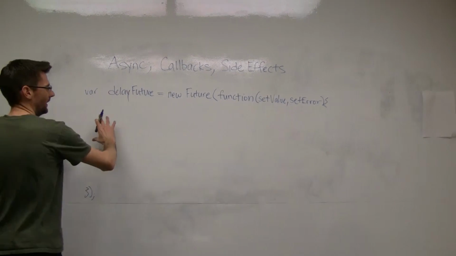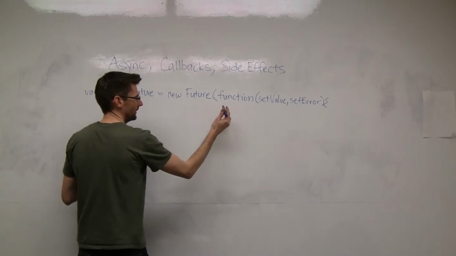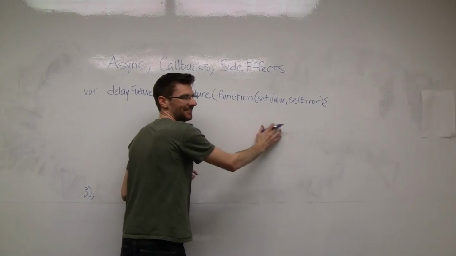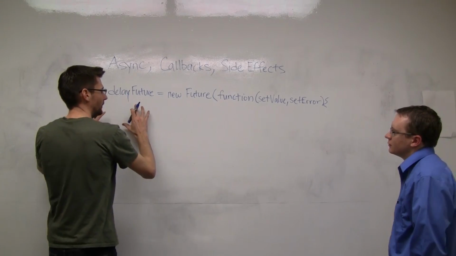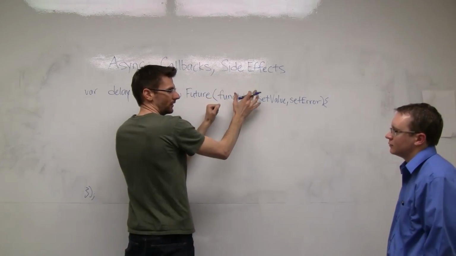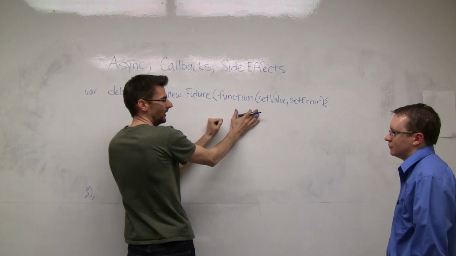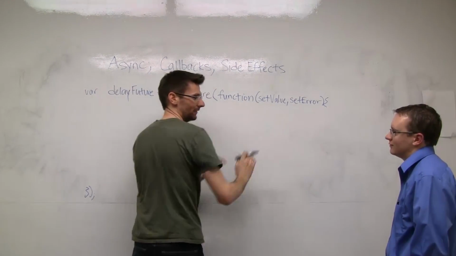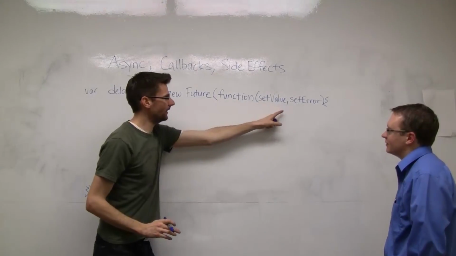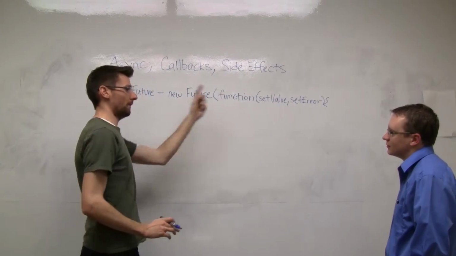This is how you create a future. And I want to discuss this craziness here. This is where your head gets wrapped into a knot a little bit. So when we want to create a future, we hand the future in the constructor a function to call. It then makes two functions and passes them to me when he wants the value. So set value and set error are functions from the future.